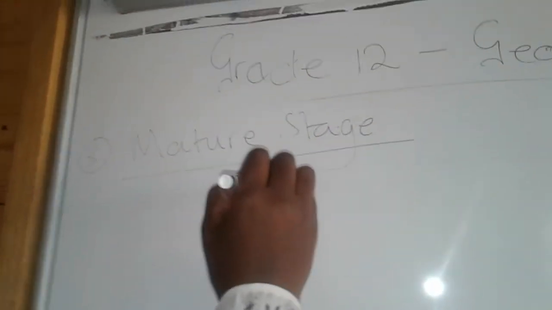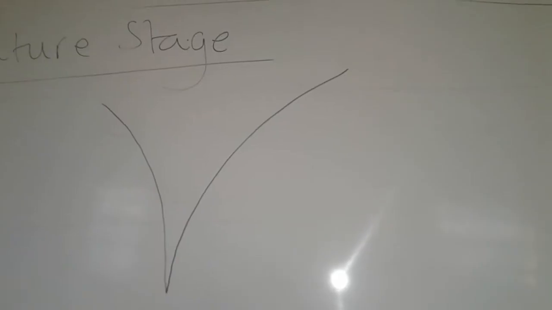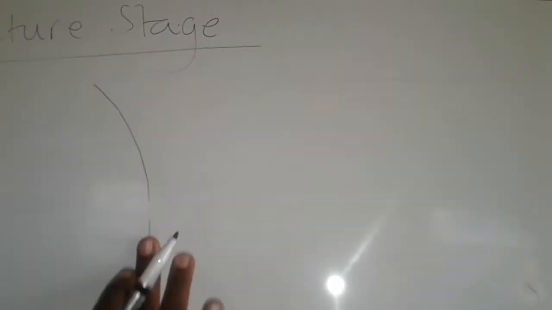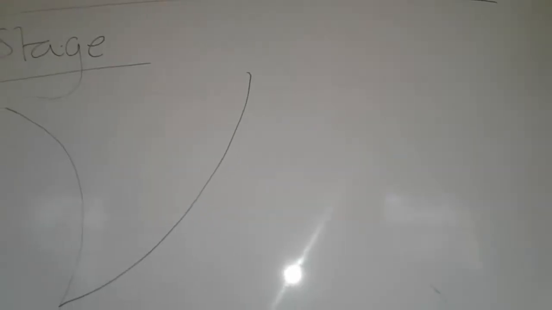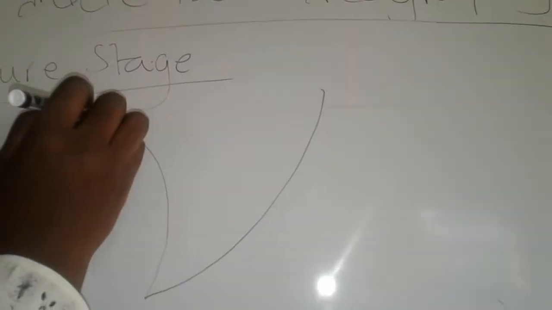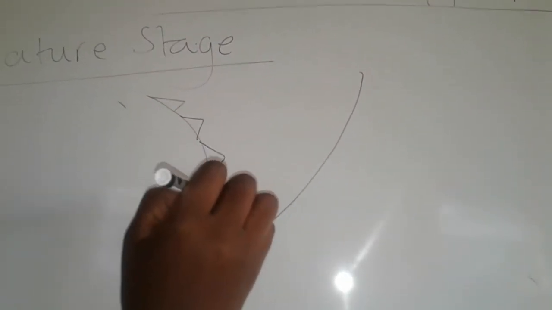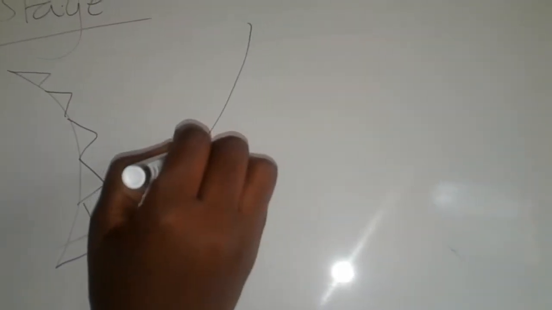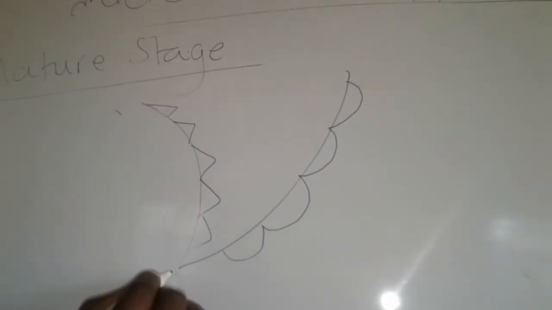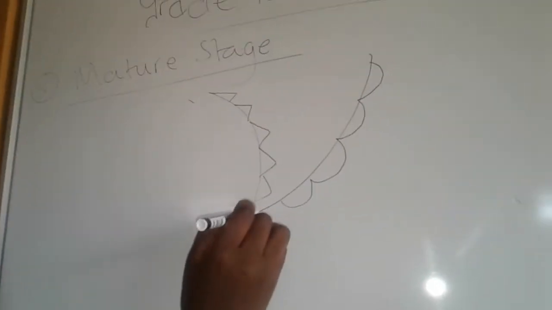Now here we tend to see both fronts evident. Sorry, let me draw it nicely. We have the cold front, which is represented by triangles that are shaded, and we also have the warm front indicated by semicircles, and this is our center of low pressure at the center.